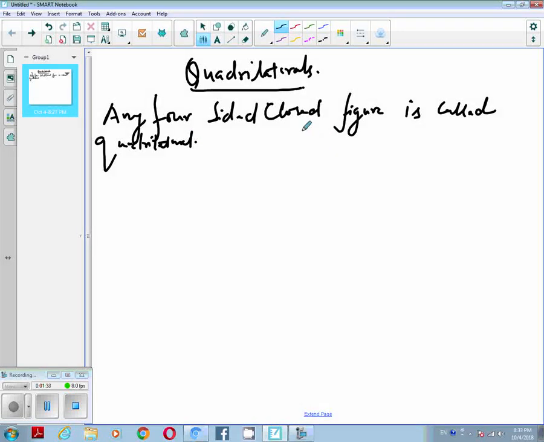Roughly, if I design this, it will be like this. That is a quadrilateral ABCD.